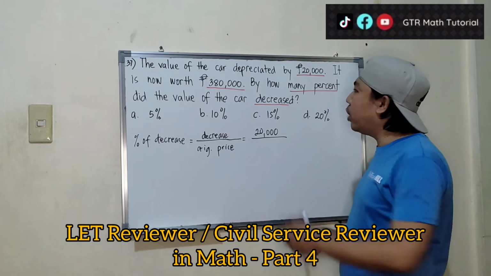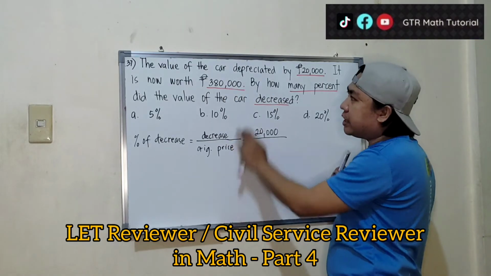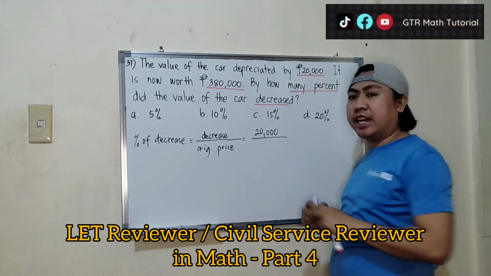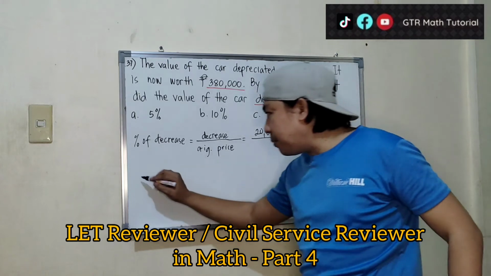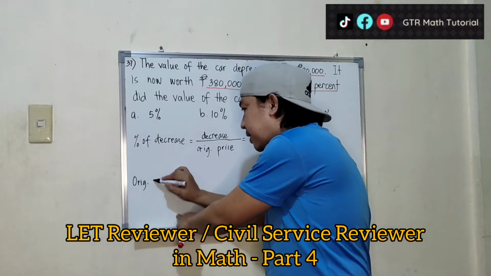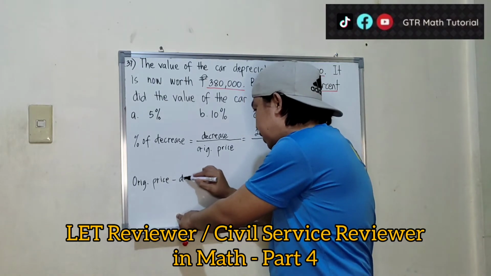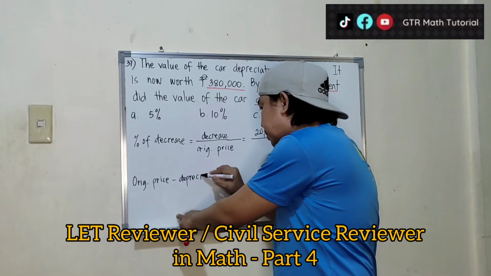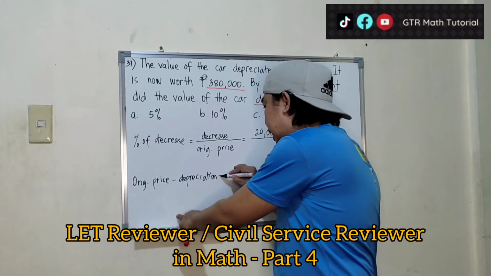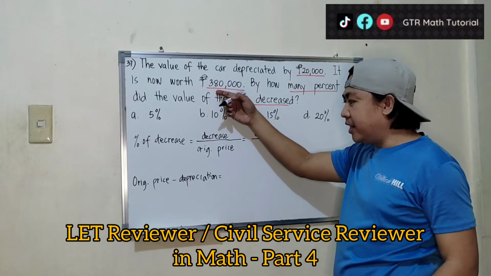So syempre para makuha yung original price, kailangan i-add natin yung decrease. Okay? So kasi syempre ang original price ng car minus yung depreciation equal yan sa yung worth ngayon.